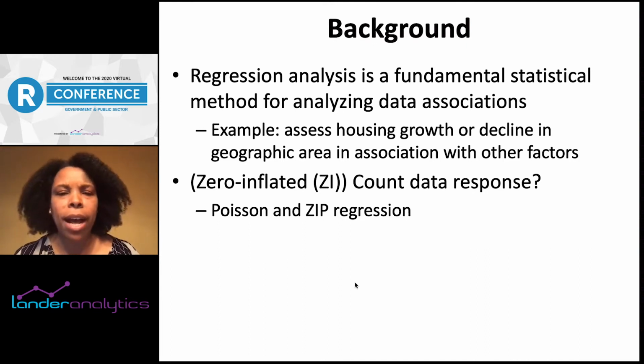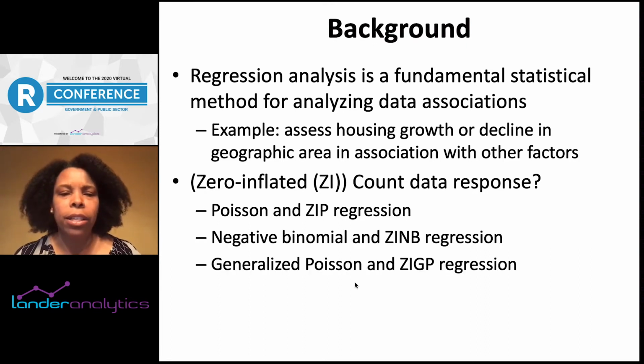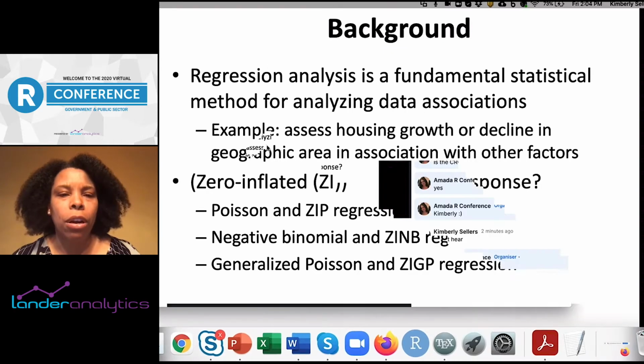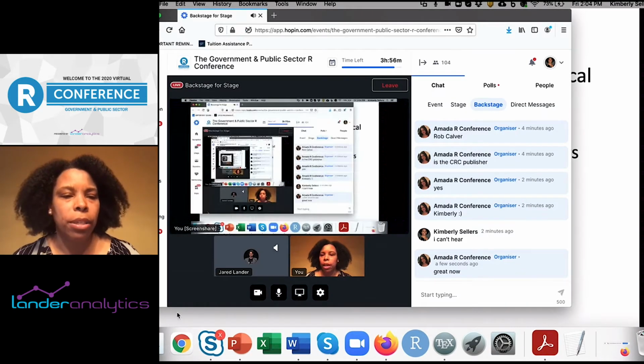And so with that in mind, of course, there are various models that are already in existence and popular in use. With the ZIP model, or the zero inflated Poisson, that underlies a Poisson distribution, which assumes equi-dispersion in the data, which means that the mean and variance are equal.